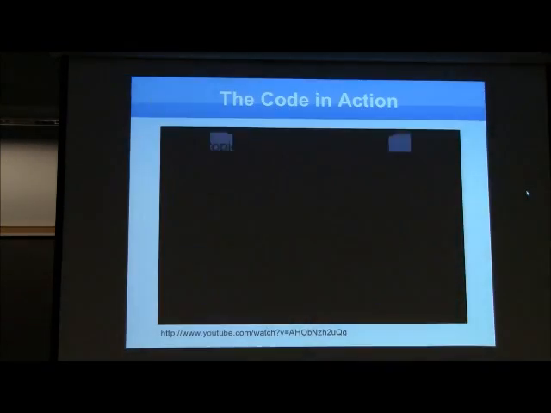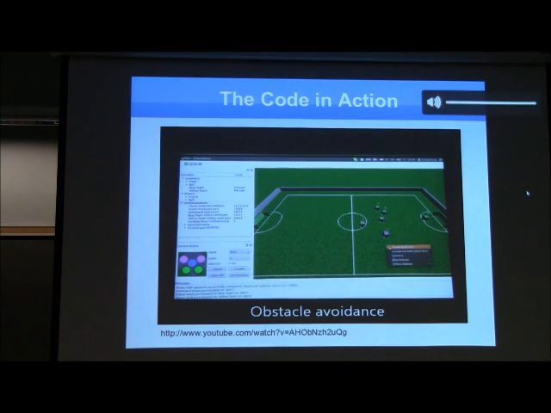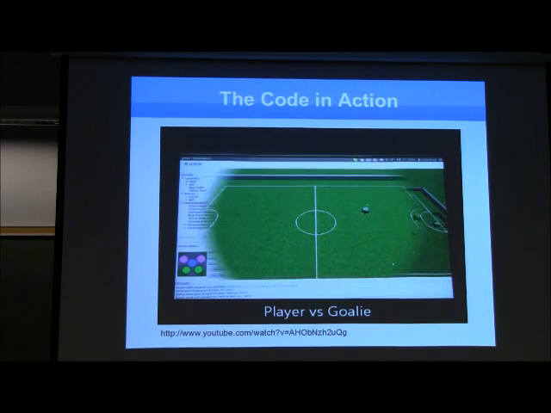So this is the code in action. So now you see we have obstacle avoidance. That's the first thing we did. Because for the qualification video, we needed to do a number of things.